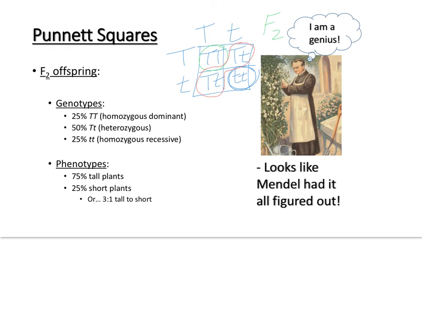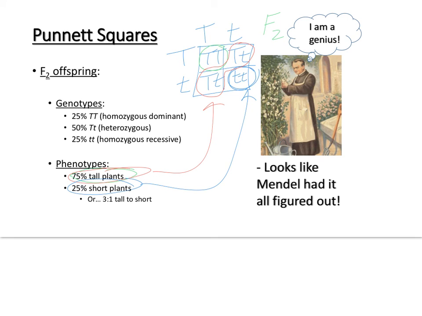Now, how does that translate into phenotypes? In terms of phenotypes, 75% of our plants will be tall. That's both the green and the red ones that I circled above. And 25% of our plants would be short, which are the blue circles above.